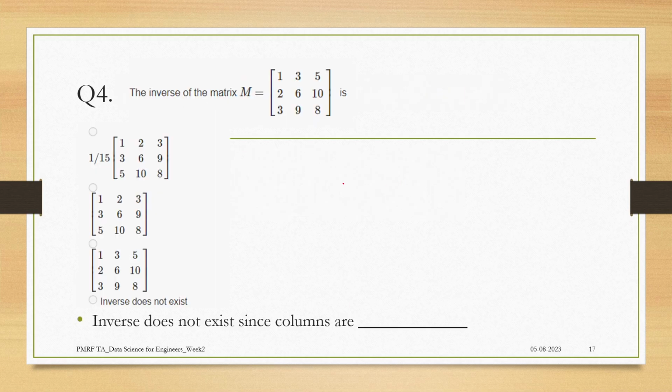And this one, inverse of the matrix, I think we will solve this one, the procedure is similar. We will just check this particular question in RStudio. First just check if there is any dependency existing. Is there any dependency?